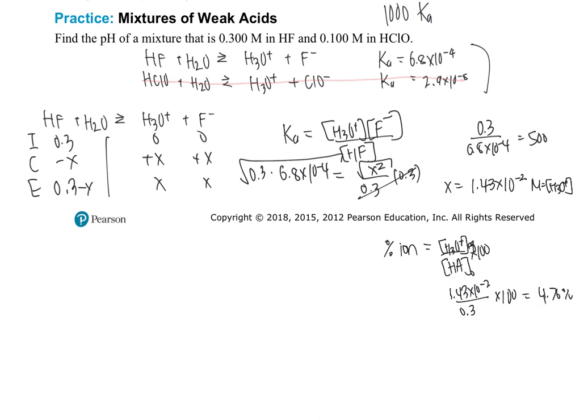We're just going to call it a good day. When in doubt, you could always do the quadratic formula to give you the most accurate. So then pH equals negative log of hydronium. So negative log of 1.43 times 10 to the negative 2 is 1.86. Great.